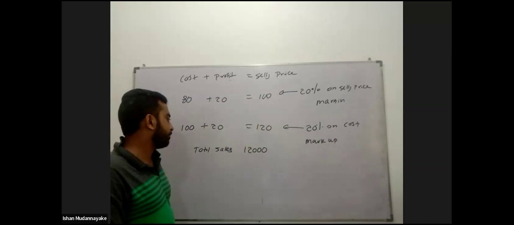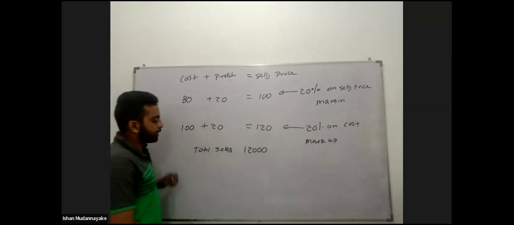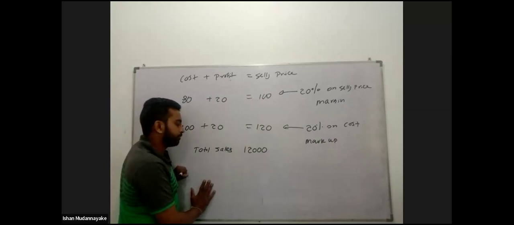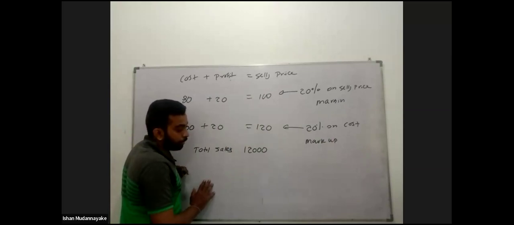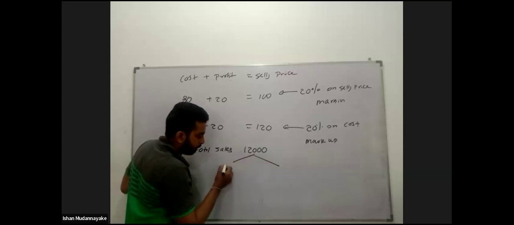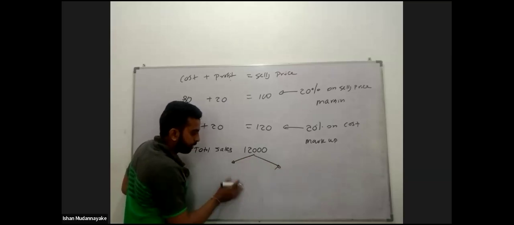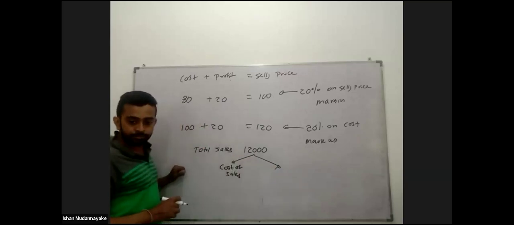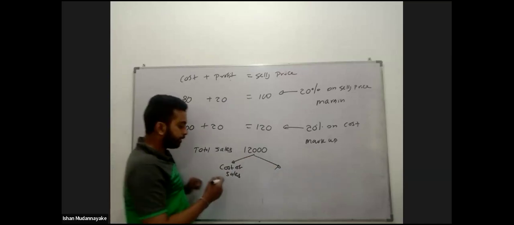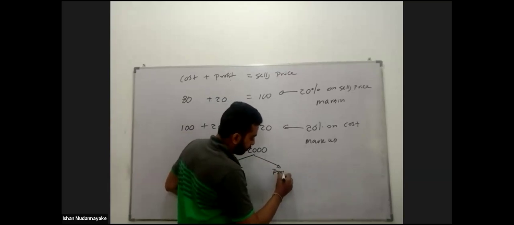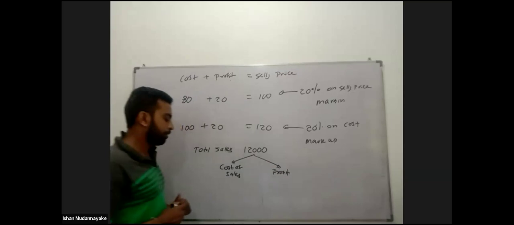Okay, that's called markup. Now, let's say in a business organization, total sales 12,000. Then the sales figure is split into cost of sales, included in this sales, and profit.